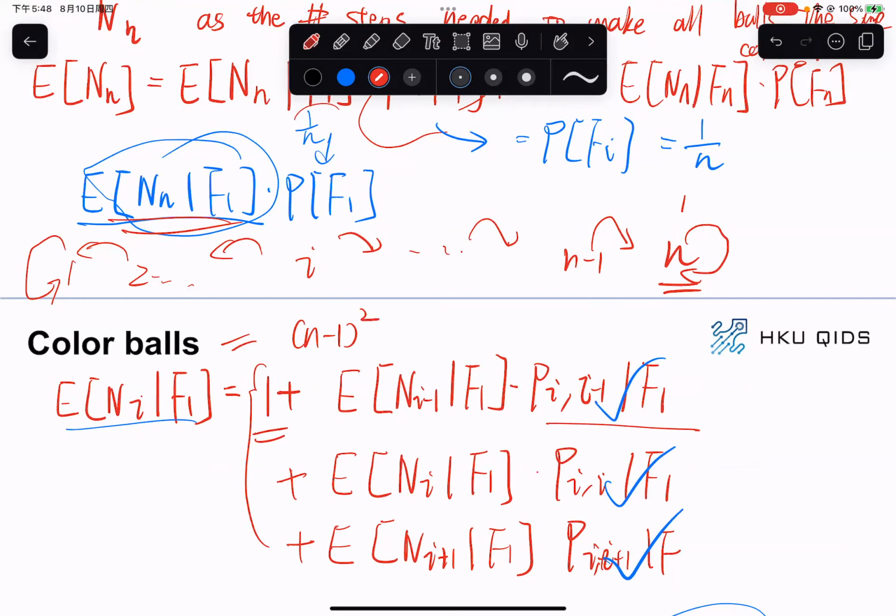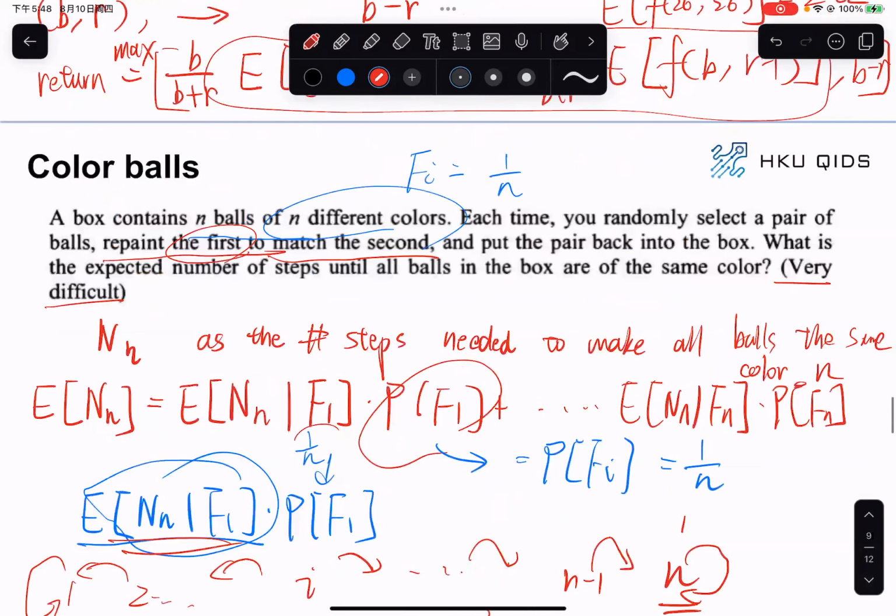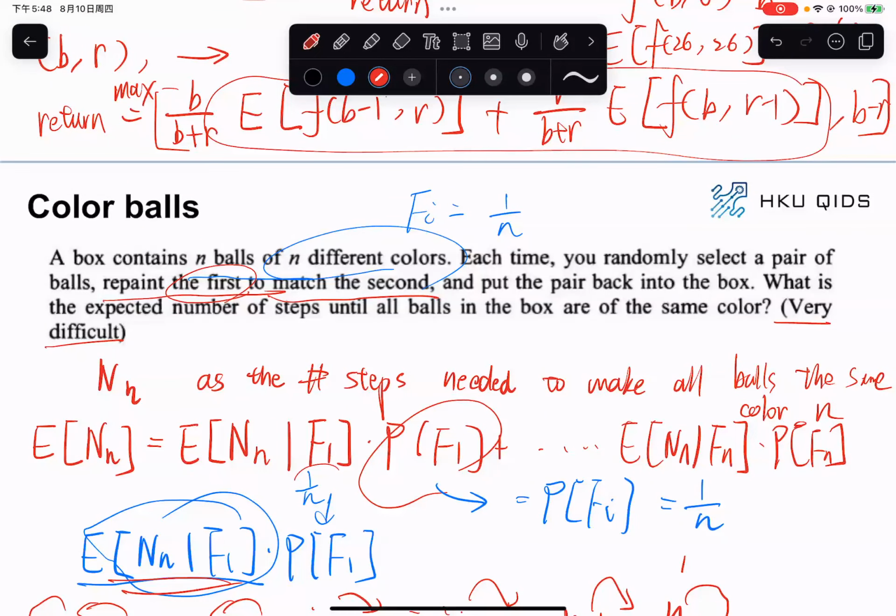Okay. And then in total, how many do we have? We have 1 over n, right? So it should be n over n plus (n minus 1) squared. Okay. So this is the classic solution. I think it is a quite long thinking process, and it's actually quite hard for you to think of that during an interview.